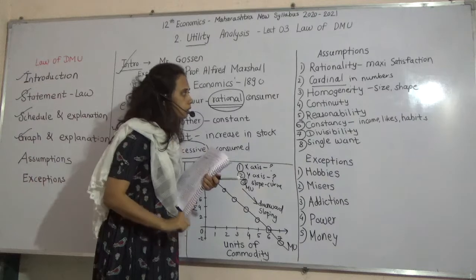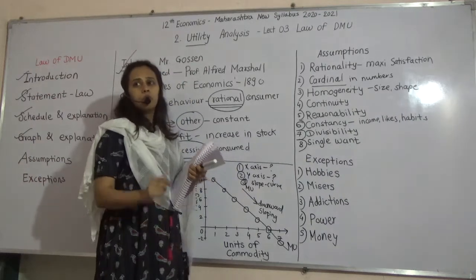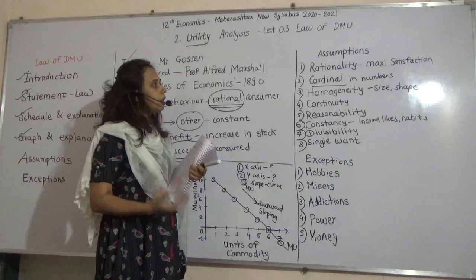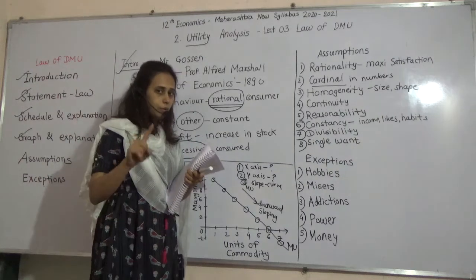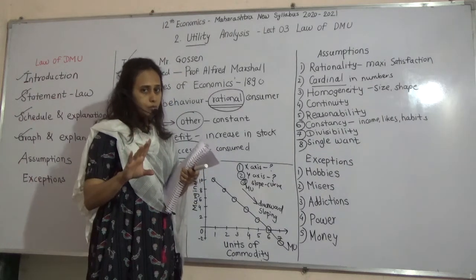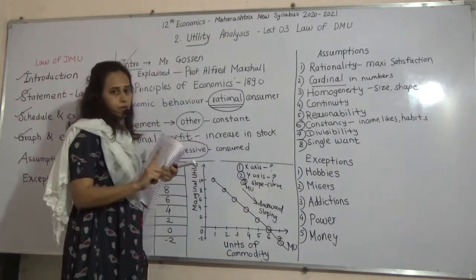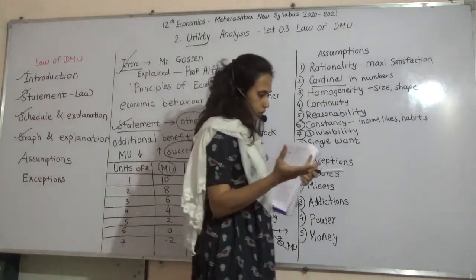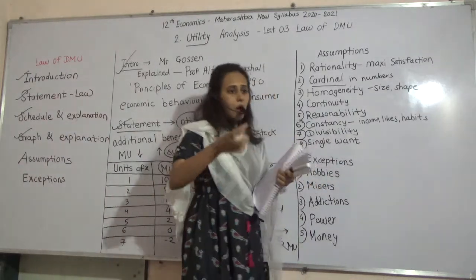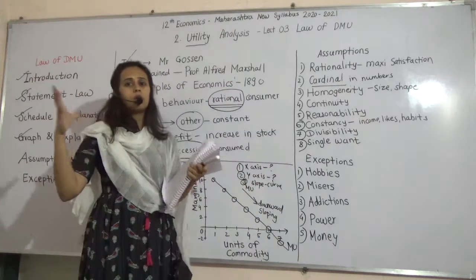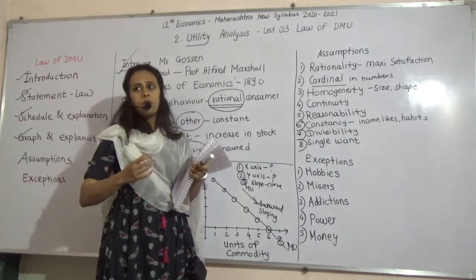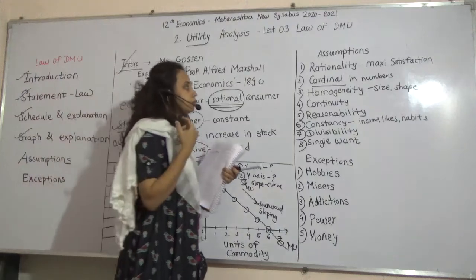But just for the sake of proving this law, I am going to assume that utility can be measured in numbers. Remember this. In features we have studied that utility cannot be measured. For example, do we say that after drinking the first glass, I got 10 utility, after drinking the second glass, I got 5 utility? We never say like that.